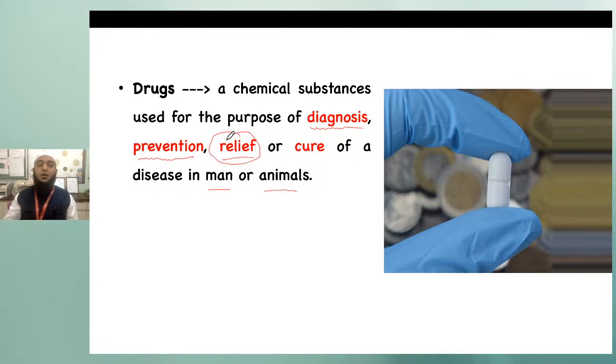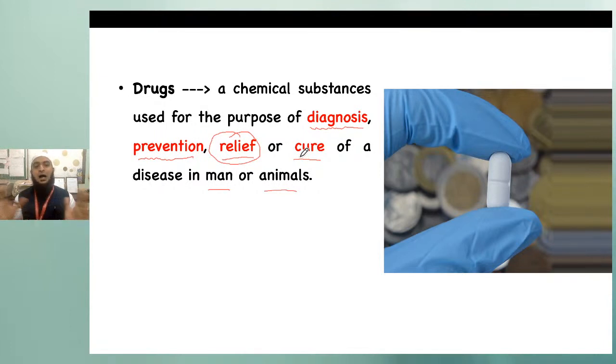So in order to be cured of jaundice, you need to complete your treatment cycle, maybe a week, 15 days, or a month, depending upon the severity of the jaundice you are suffering from, right? So there is a difference between relief and cure. Once you complete your treatment for a month, or whatever time cycle is prescribed by the physician, the jaundice will be completely cured.